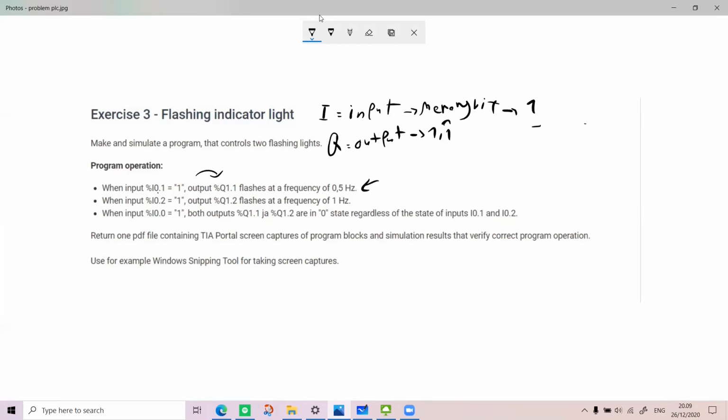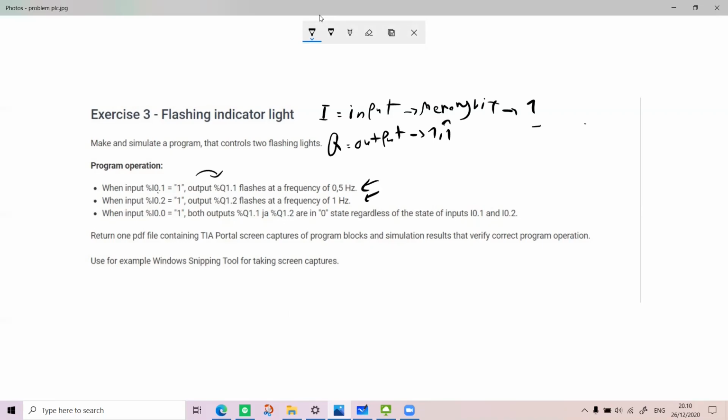We know that it's another input because the location of it is different. We can even call it input 2 or switch number 2. We can call it by the location number. We can name it like that. That's how I usually go. So this controls output 1.2, which seems to be another flashing light, which blinks at a different frequency. This happens to be 1 hertz in this problem.